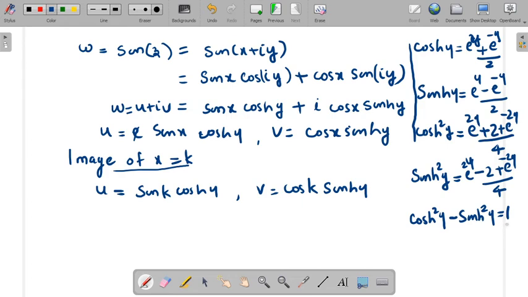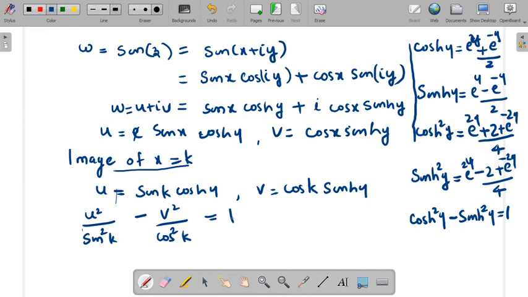Using that, we get cosh square y is u square by sin square k, right? And minus sinh square y is v square divided by cos square k. So cosh square y minus sinh square y equal to 1.